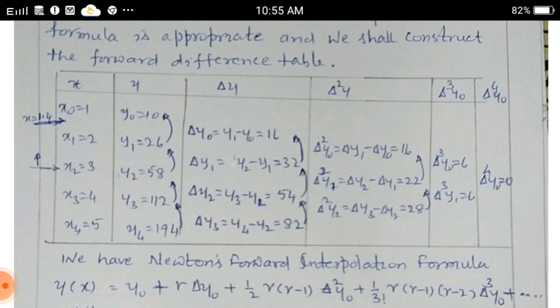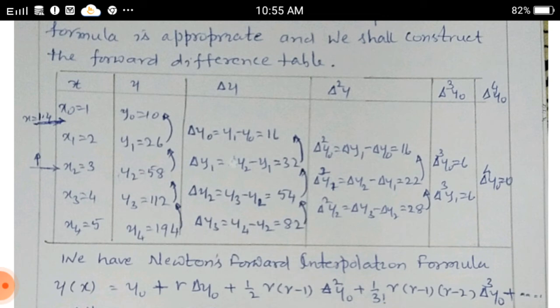The corresponding values of y: f of x0 is equal to y0, therefore y0 is equal to 10, f of x1 is equal to y1 is equal to 26, y2 is equal to 58, y3 is equal to 112, and y4 at x is equal to 5 is 194. These are the values of y.